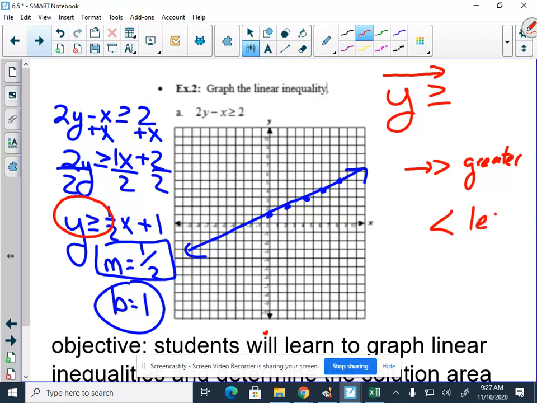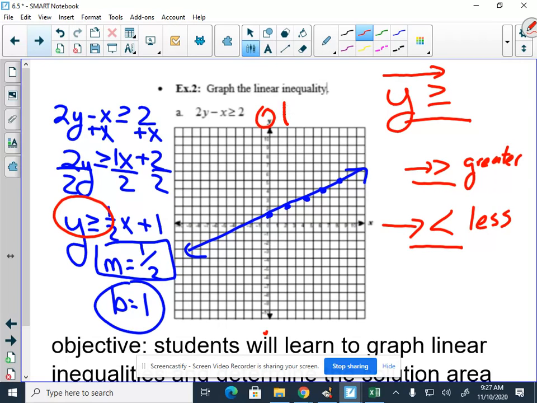This one is a less than sign because as I read left to right, I hit the little side first. If I'm reading this sign, I say y is, oh, it's the big side, so y is greater than. This is a less than sign because of what side I hit as I read from left to right. Okay? So, greater in terms of y.